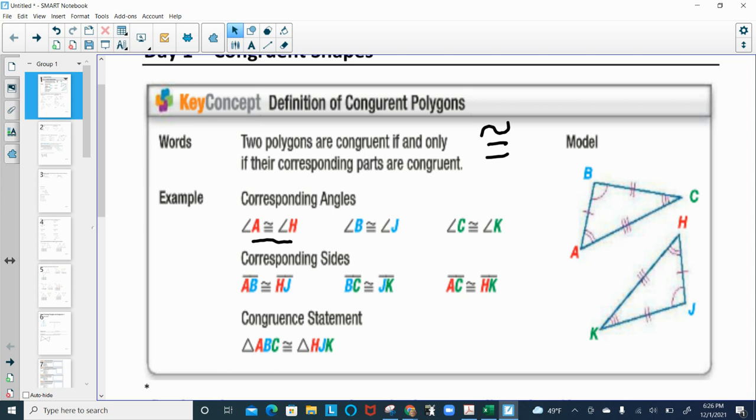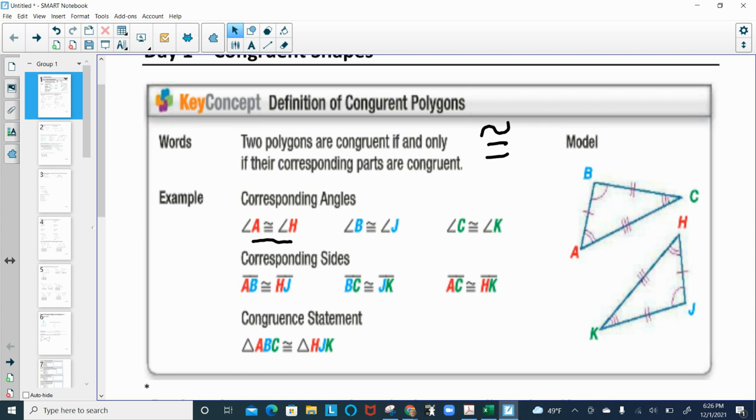If you look at A, you notice that it has two of those arc marks, and so does H. If you look at B and J, they each have one arc mark. And if you look at C and K, they have three each. If they have the same number of arc marks, then they are congruent.